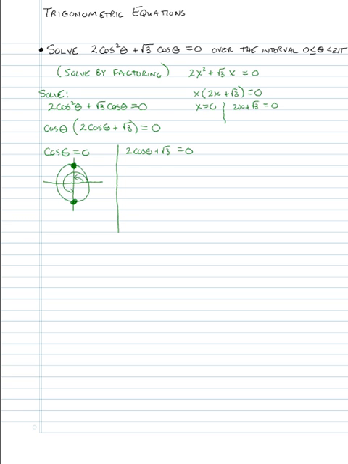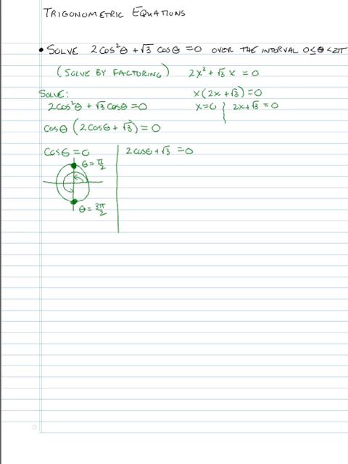They have to be between 0 and 2 pi. And so this angle is if theta is equal to pi over 2, and the angle represented here is if theta is equal to 3 pi over 2. So those are two of the solutions to this equation.